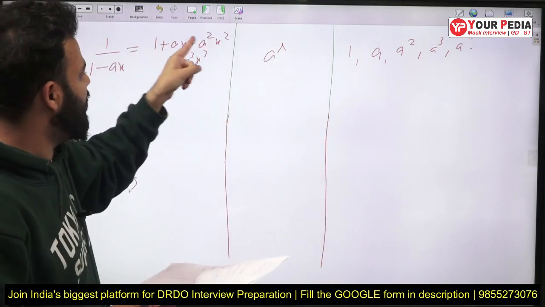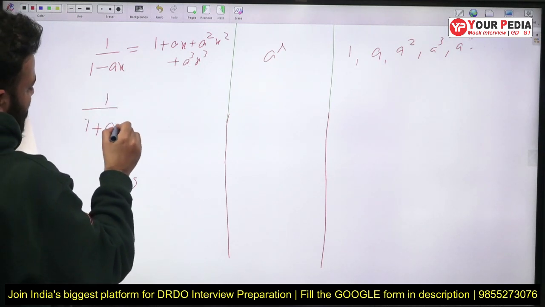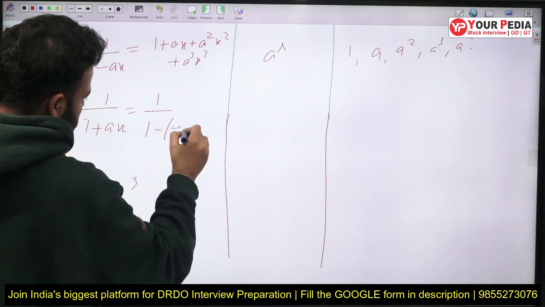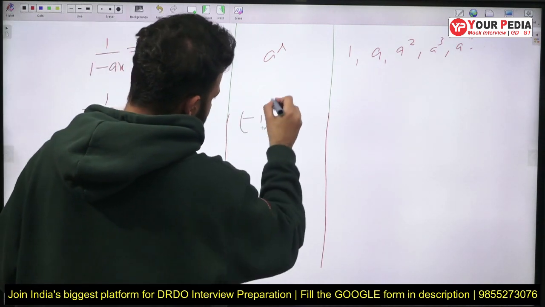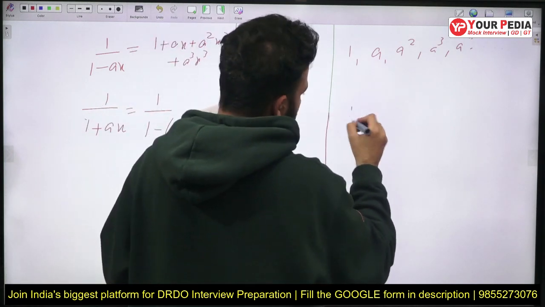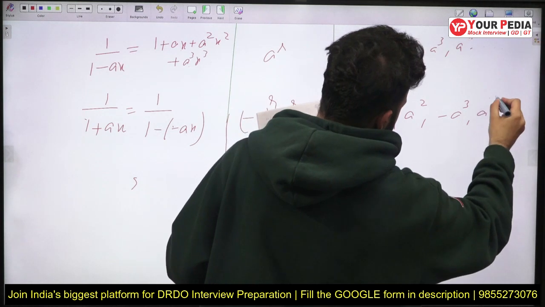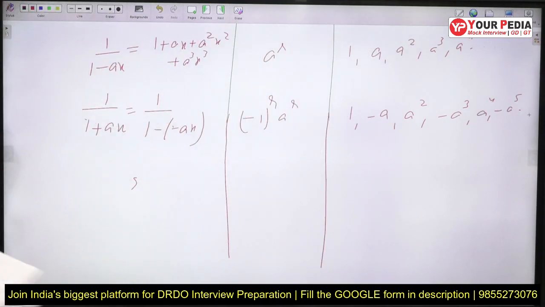And if you do 1 by 1 plus ax, this will be nothing but 1 by 1 minus (minus a x). So the numeric value will be 1, minus a, a square, minus a cube, a4, minus a5, and so on.